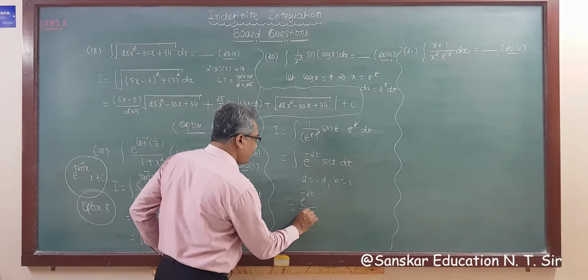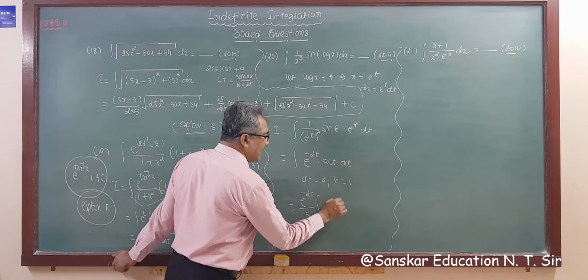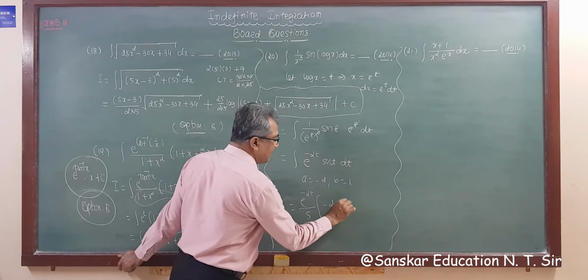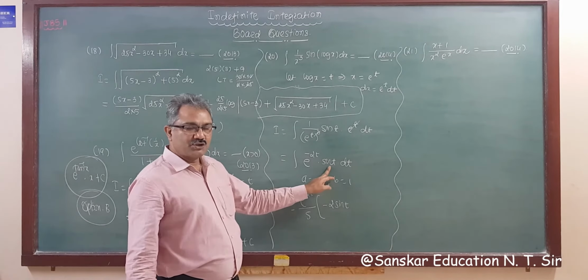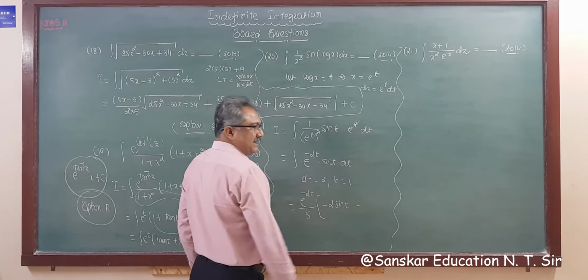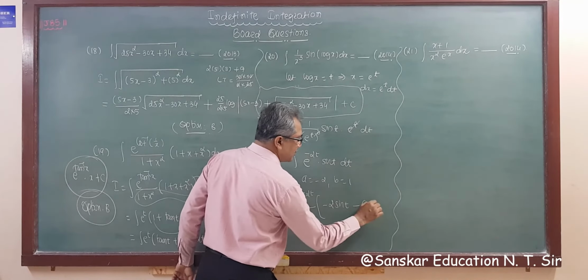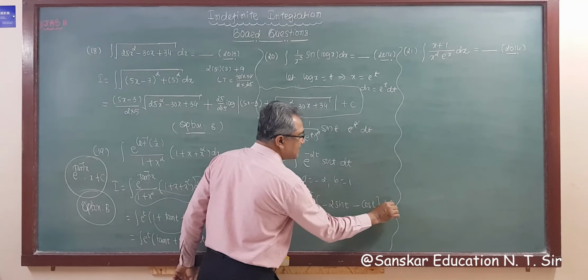So this is 5. A is -2, sin bx is sin t, because here it is t, so you have to write t. Sin has minus, b is 1, cos bx with b is 1, so cos t, and plus c.